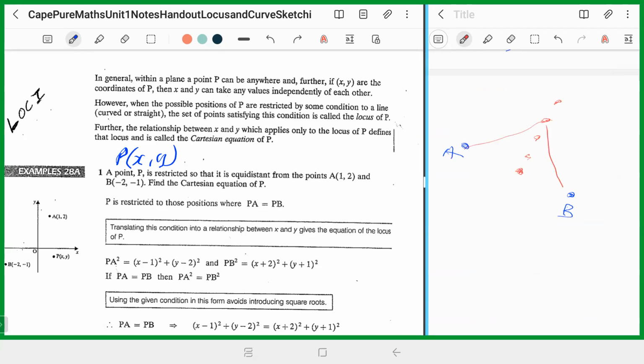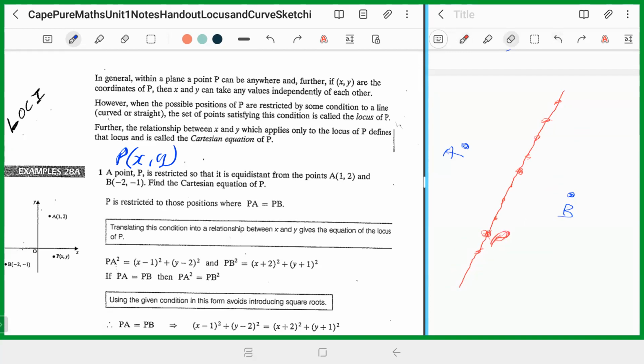This would be equidistant from them, and here, and here. It can also be on this side. So basically, any point on this line, which is now the perpendicular bisector, would be a point where P can be. So we get the equation of this perpendicular bisector. That would be the locus of P.